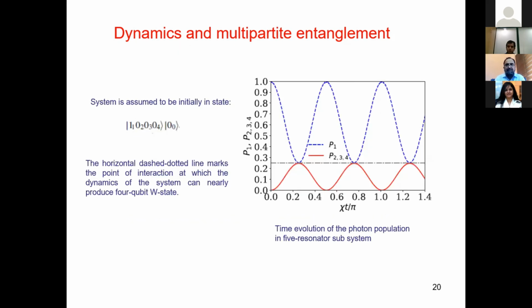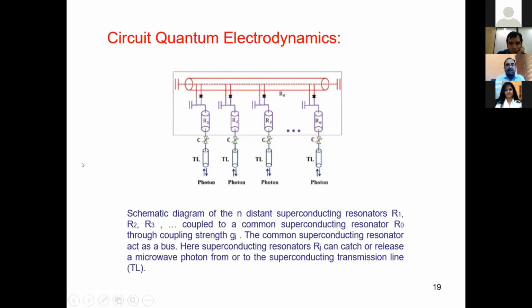One thing I must mention here is that when you are doing an experiment, there are all sorts of noises. For example, photon can leak through the cavity, right? If I go back, you are assuming the coupling of the resonator with the bus to be ideal. That may not be the case. And then the 2 resonators can interact with each other.